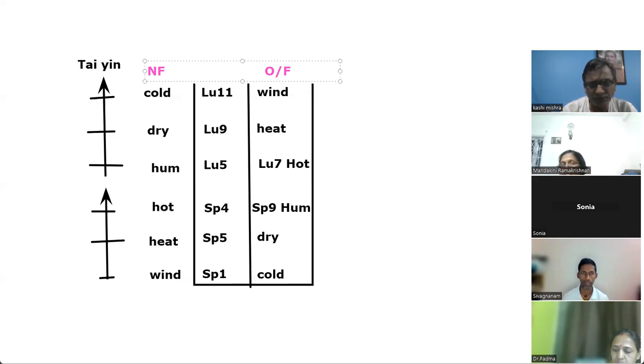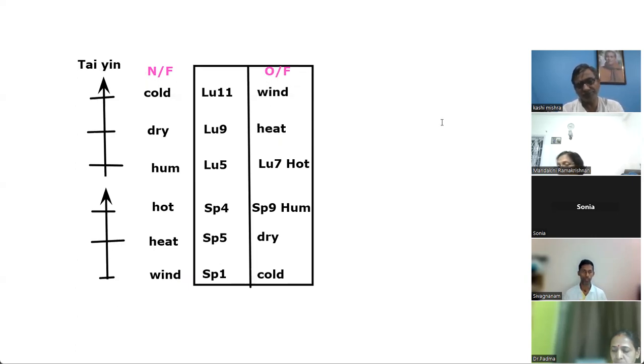We can write with the slash or without slash also. I think you should now be able to make all the opposite flows. If you have taken the screenshot of that chart, you can match it to check whether what I have done is correct or not. If you have not taken it, I shall show you again. Similarly, in the yang meridian also you can do.